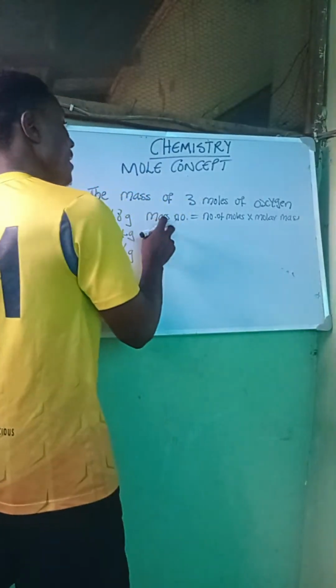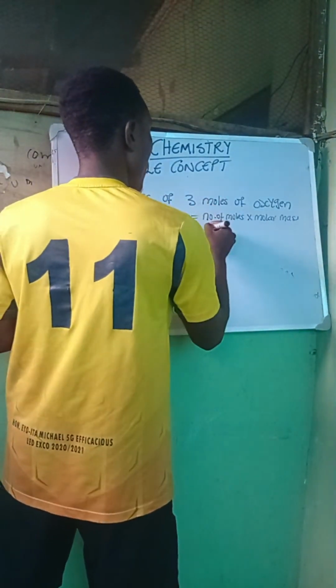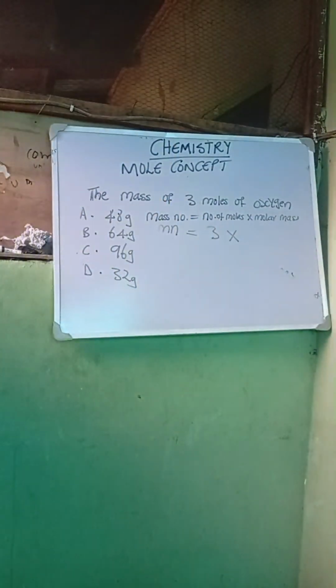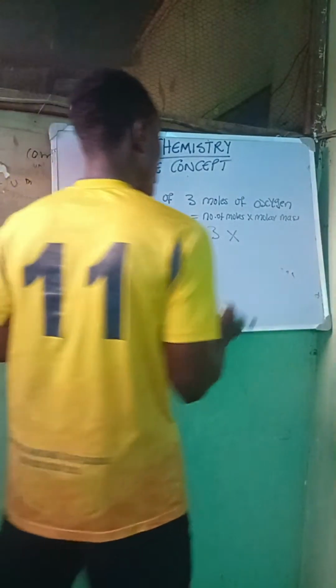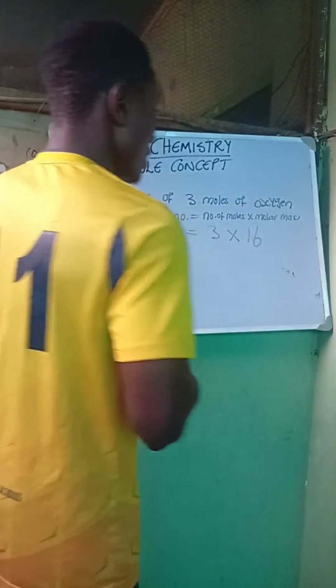The mass here is not given. The number of moles here is 3. What is the molar mass of oxygen? The molar mass of oxygen is 16.